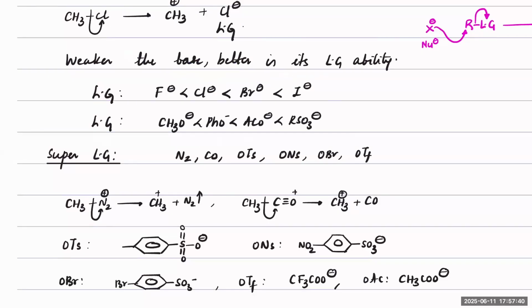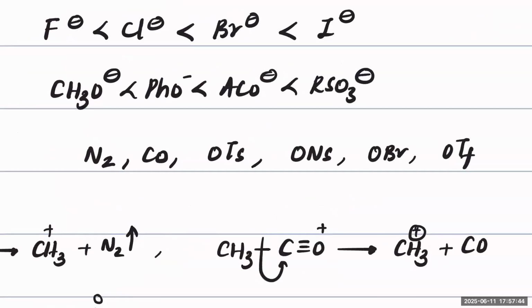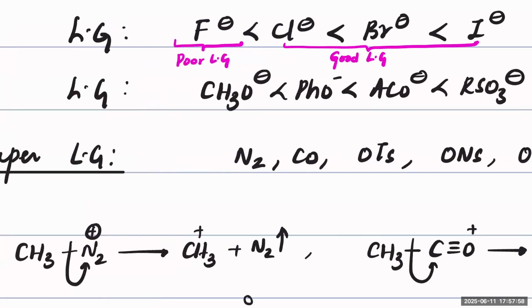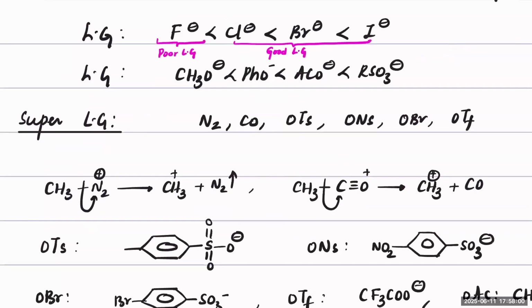Out of these, we can say that these three are good leaving groups, while F minus is a poor leaving group, which we have learned earlier as well. Next. If you notice this one, CH3 minus, PhO minus, just now we have learned that this is a weakest base.